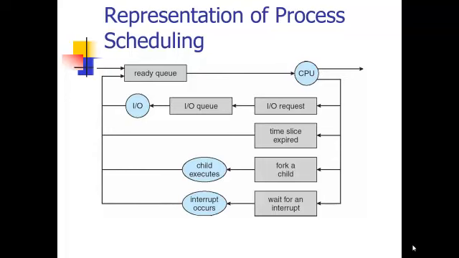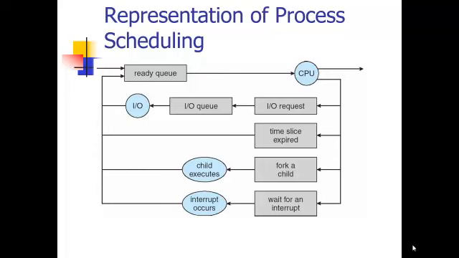When the interrupt occurs, then again it will be put back into the ready queue. So those are the four conditions that a particular process will stop its execution and be put back again into the ready queue. So that is how the ready queue is managed when it is considered the process scheduling.